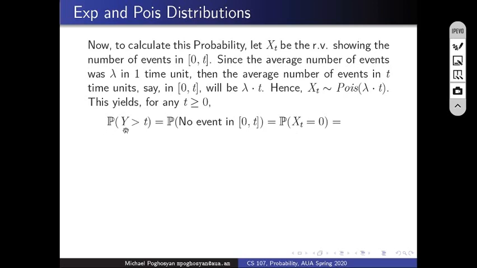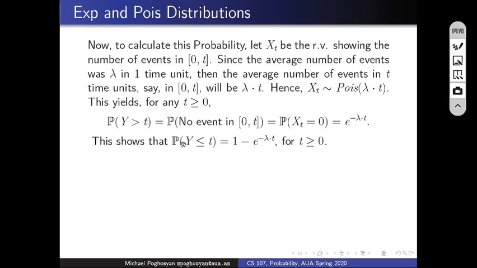The probability that Y is larger than t is the probability, as we obtained in the previous slide, that no event happens in (0, t), which means X_t, the number of events in (0, t), is 0. Because I have the distribution of X_t, Poisson lambda t, this is equal to e to the minus lambda t. So the probability that Y is larger than t is e to the minus lambda t.